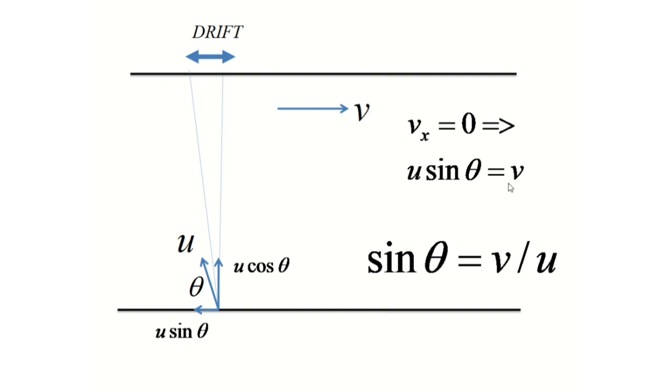So drift, let's say drift is 0, so velocity in x is 0, which means u sin theta cancels out v, so sin theta is equals to v by u, but it is incorrect.